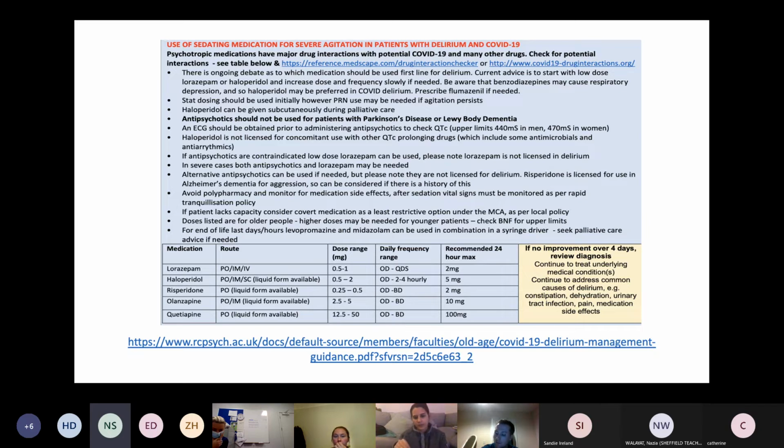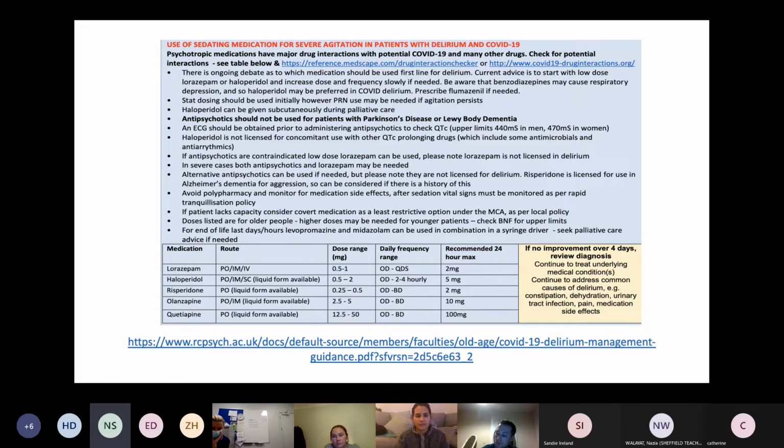The only thing I've cut off at the bottom, so if you do want to go on the link when you get it, is how all the medications react with COVID-19 medications, like remdesivir and all the other things that we can potentially give for COVID. It just says how they can interact, which I think is why they've released it. The other thing they've pointed out is that because lorazepam can cause respiratory compromise, maybe lorazepam's not the best choice in someone who has COVID-19, which is fair.